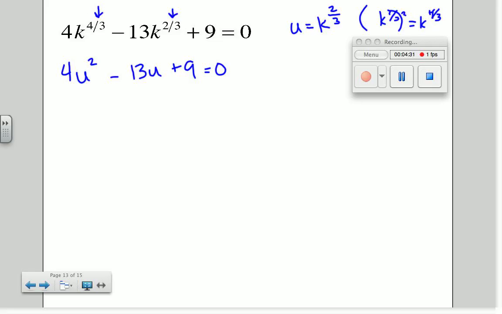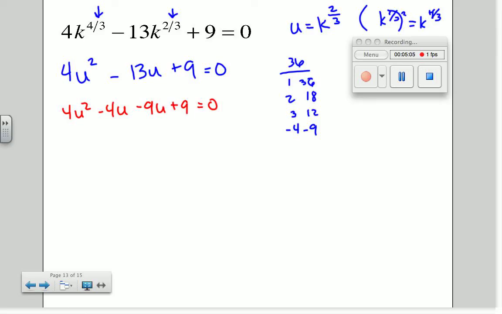I noticed that 4 and 9 are lovely and they add to 13, so this is factorable. So 36 factors into 1 and 36, 2 and 18, 3 and 12, 4 and 9. Oh, look, 2 numbers that add to 13. They both are negative. So that gives us 4u squared minus 4u minus 9u plus 9 equals 0.